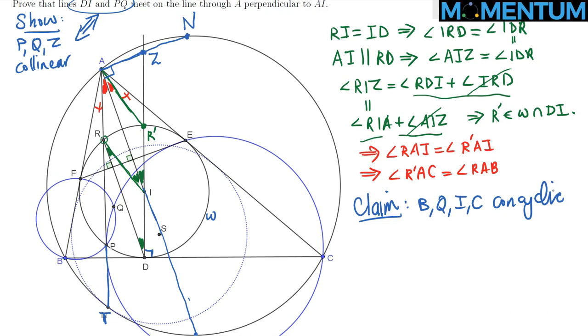So if you start with angle BQC, we need to show that it is congruent to angle BIC. So let's go ahead and provide a simple proof, just simple angle chasing. Angle BQC is simply equal to angle BQP plus angle PQC.